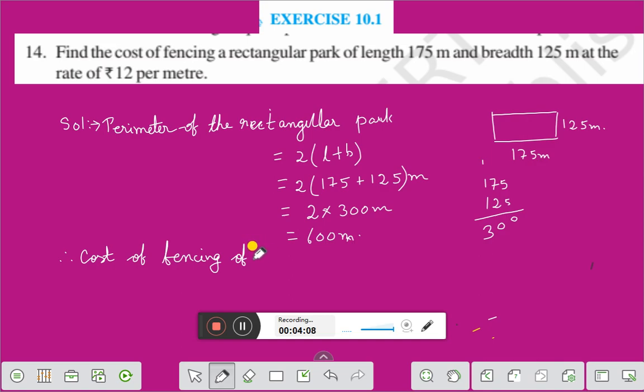The cost of fencing of 1 meter is rupees 12.